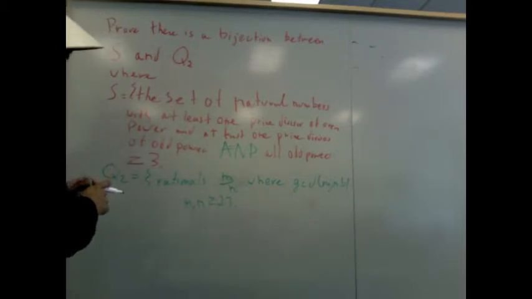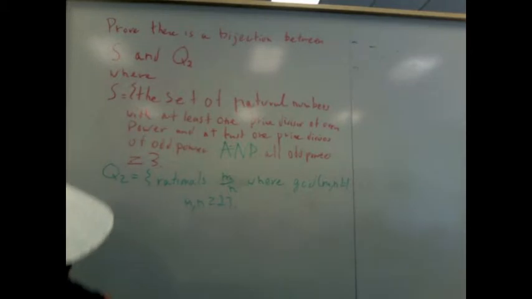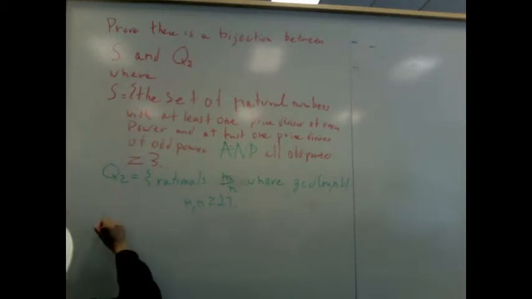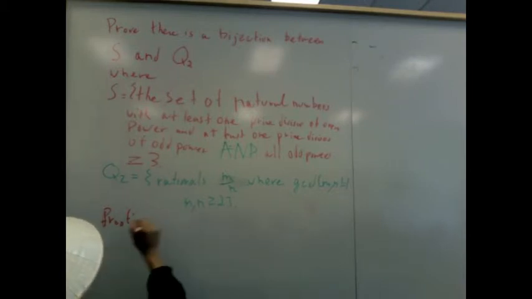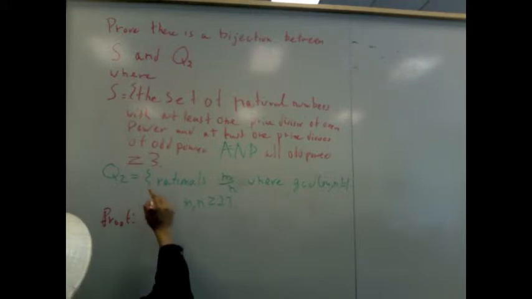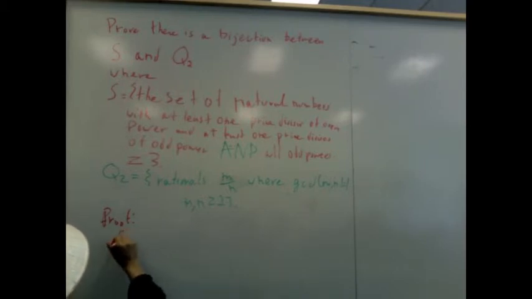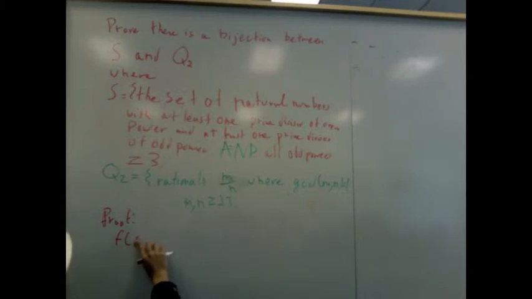So define f. For any natural number of that form, take a function f of n, and remember any n can be written in this form.